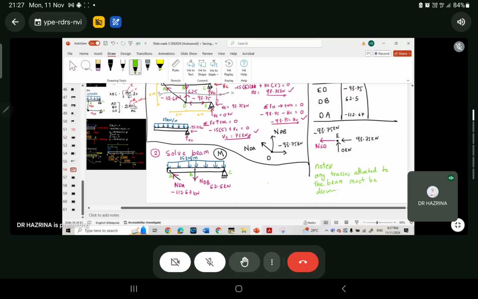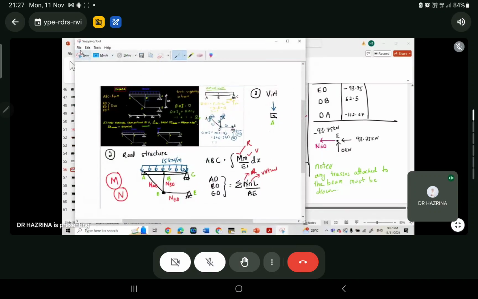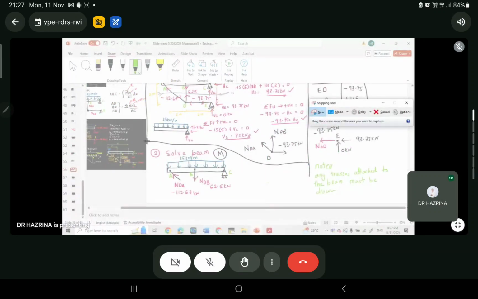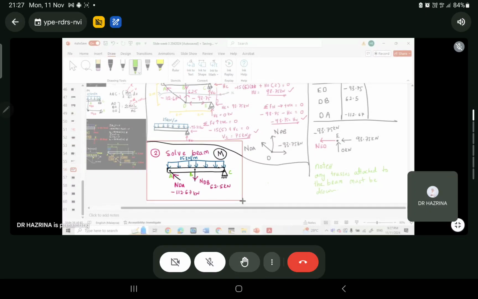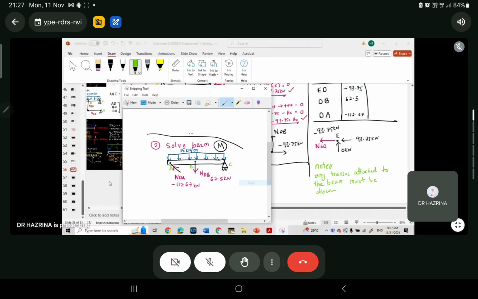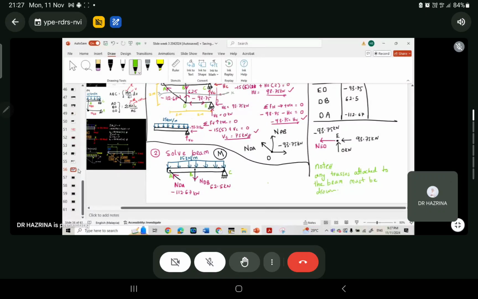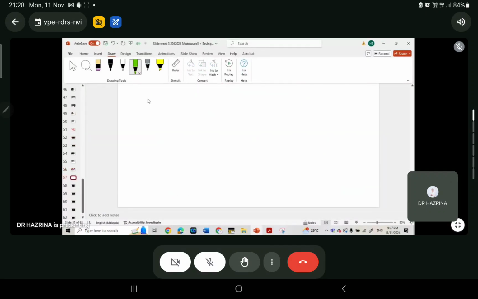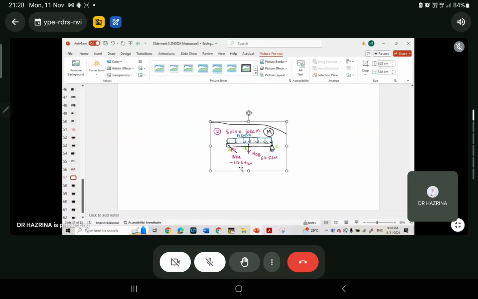So, you can easily solve for your equation. So, maksudnya I bawa keluar lah yang ni. Dia dah banyak sangat kat sini. So, I will put here.